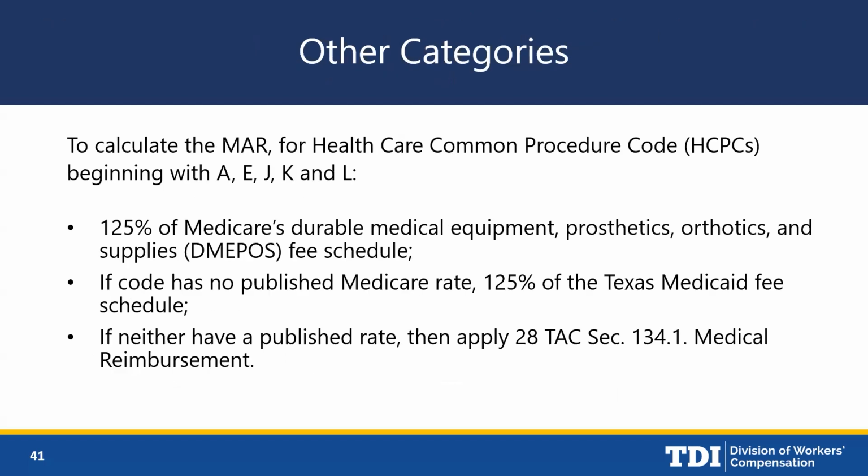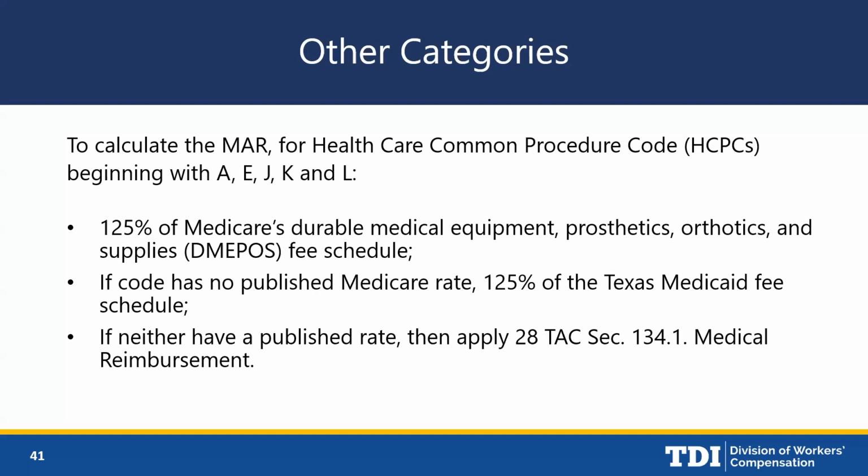There are other categories within the medical fee guideline. If you're wondering how much you get paid for a HCPCS code, those usually start with an alpha character: A, E, J, K, and L. If you have a HCPCS code that starts with A, E, J, K, or L, you're going to look to Medicare's DMEPOS fee schedule.